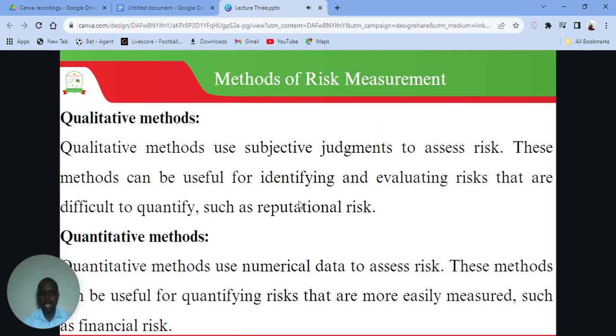Now, when you are doing risk measurement, we use a number of methods. This is what I was just saying we will be discussing in a few slides ahead. First, qualitative methods. In these methods, we use subjective judgments to assess the risks. They can be useful for identifying and evaluating risks, such as reputational risks.